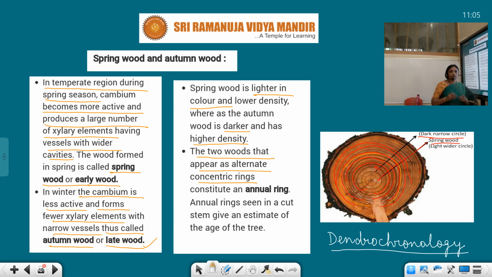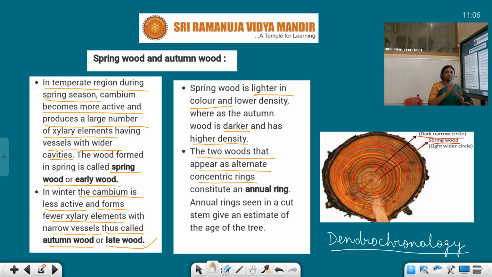How do we determine it? First of all, a piece of the stem is taken from the base. There we can observe the growth rings, the annual rings, clearly, so the base part is the best. Using an increment borer, a piece is taken from the base of the stem and the rings are counted to determine the age of the tree.